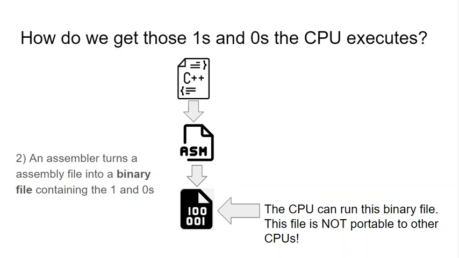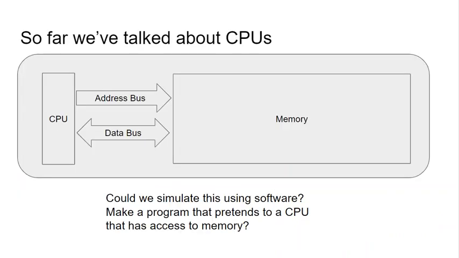So let's do a little thought experiment here. Could we make a program that pretends to be a particular CPU and reads and writes from some memory that it's been allocated? Could we make a piece of software, a program that pretends to be a particular CPU hooked up to memory? Yeah, absolutely. That's what an emulator is. We use emulators all the time, particularly for playing games.